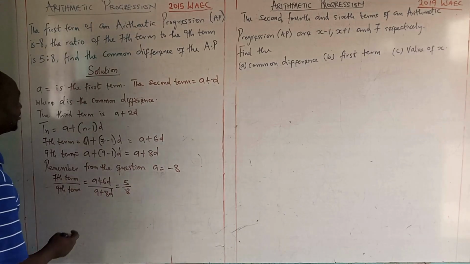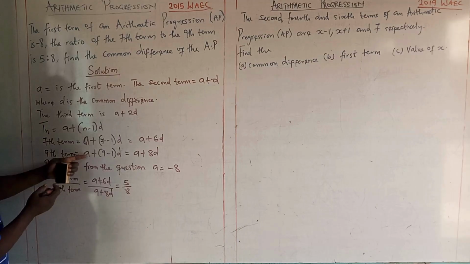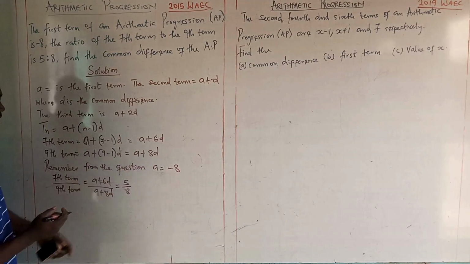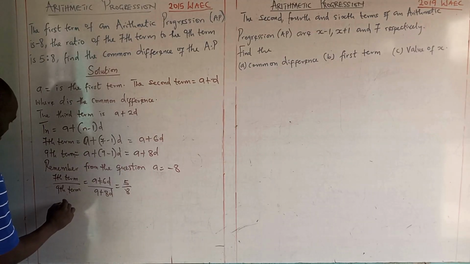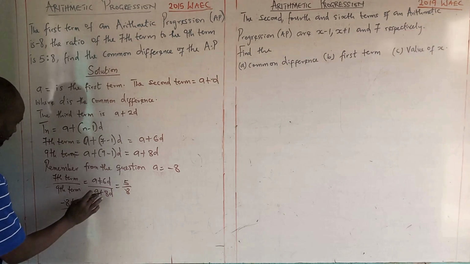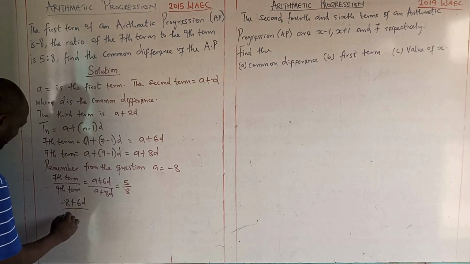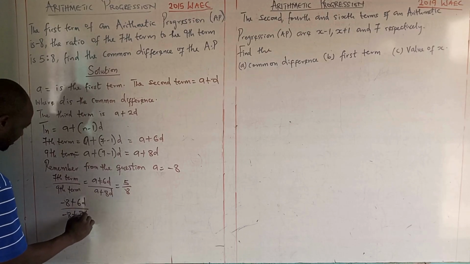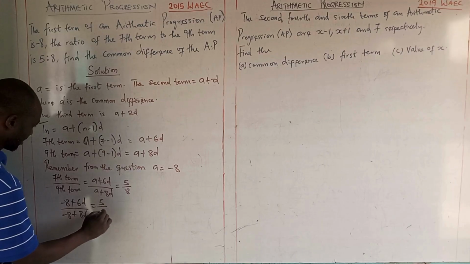Now, inputting our A in this will mean minus 8 plus 6D over minus 8 plus 8D equals 5/8.